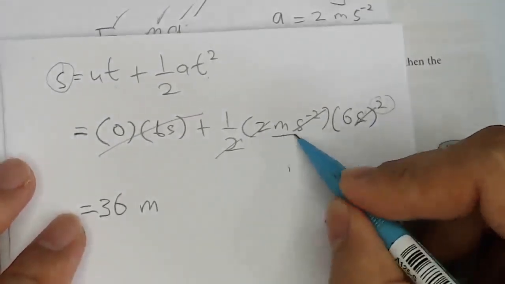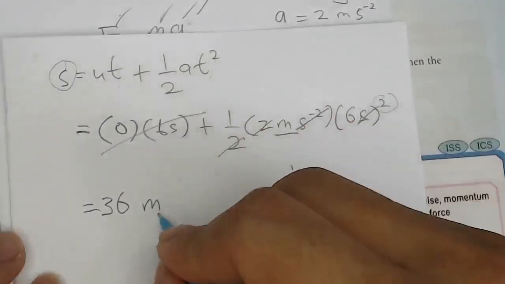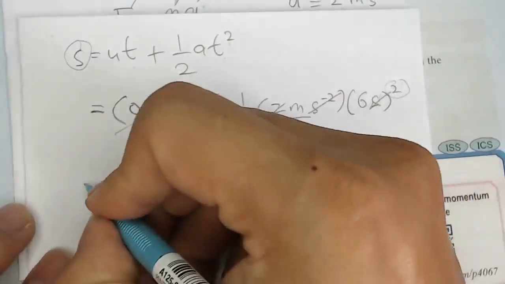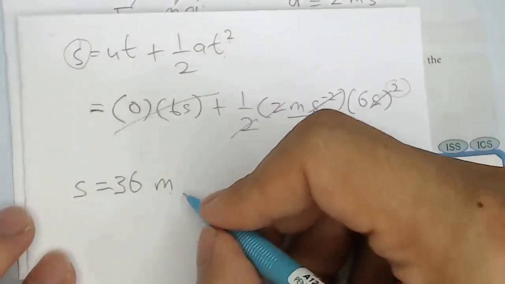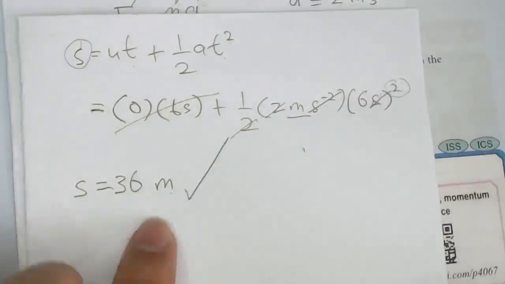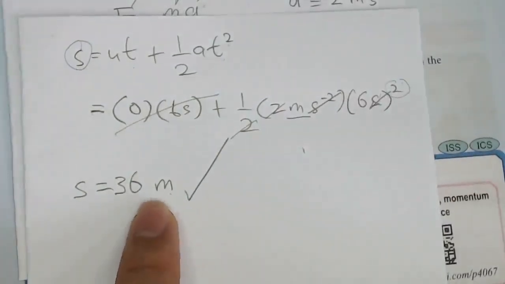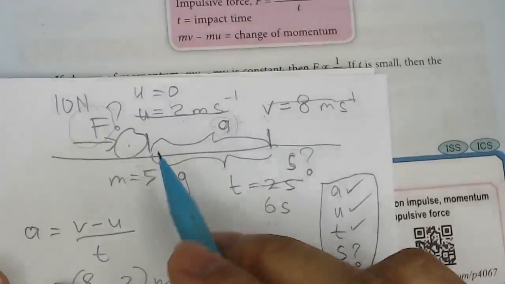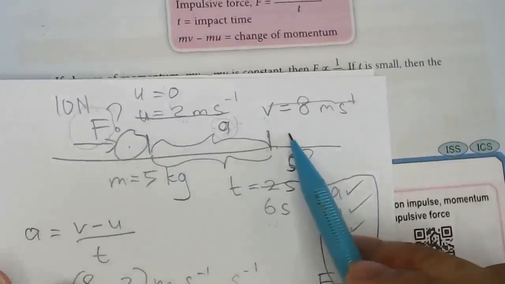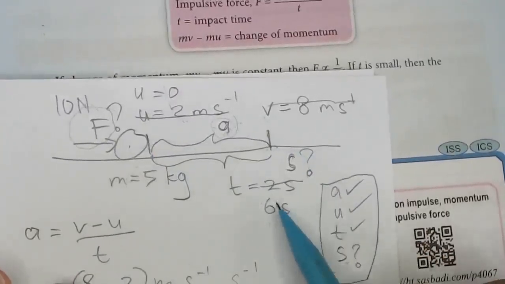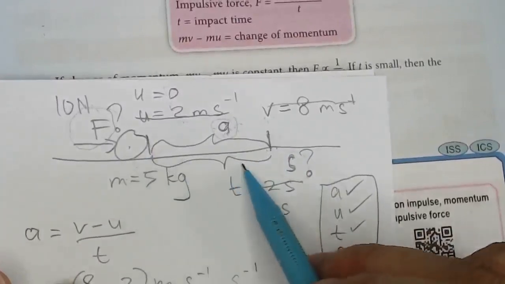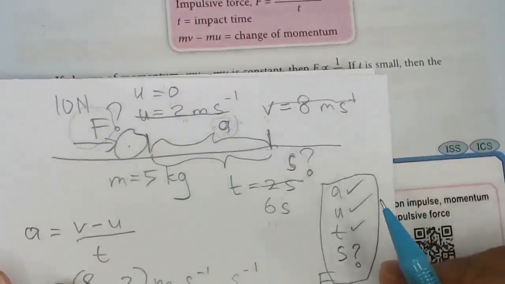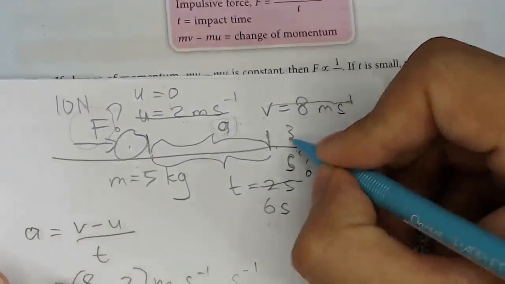All that is left is meter, which is the unit for displacement. See, I told you. So the answer we are looking for is 36 meter. The idea is we start from this point until this point, which takes 6 seconds, and the displacement is 36 meter.